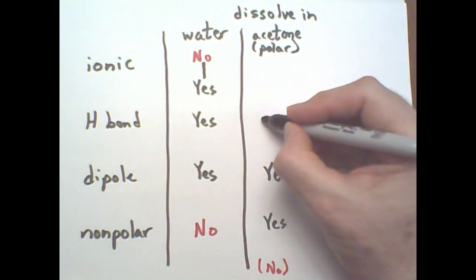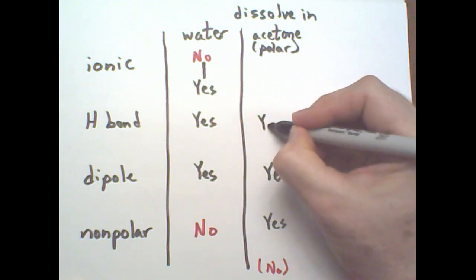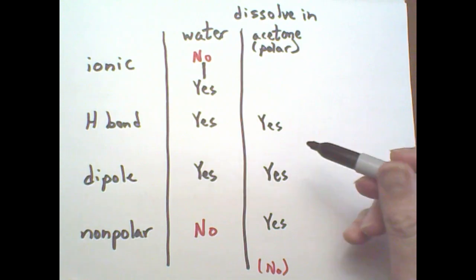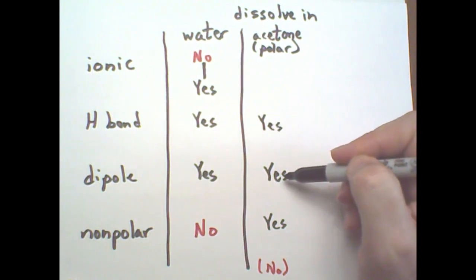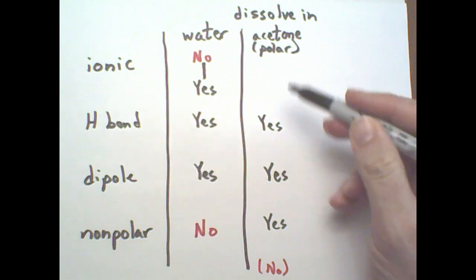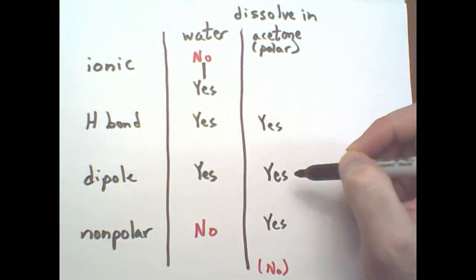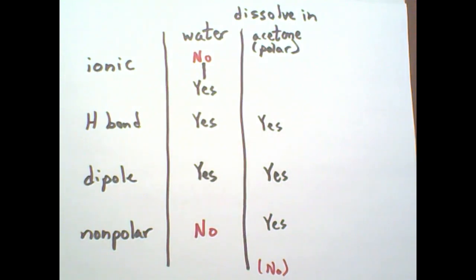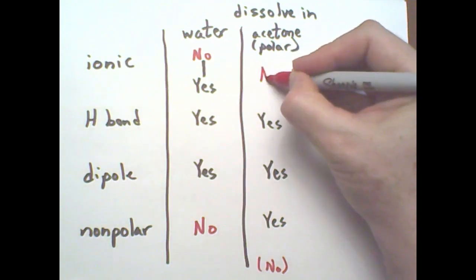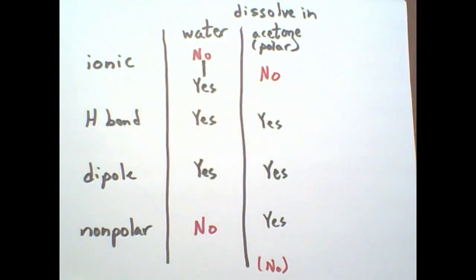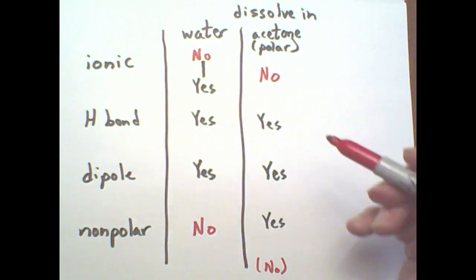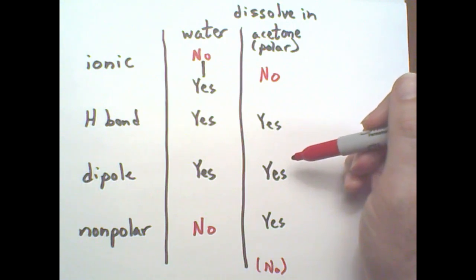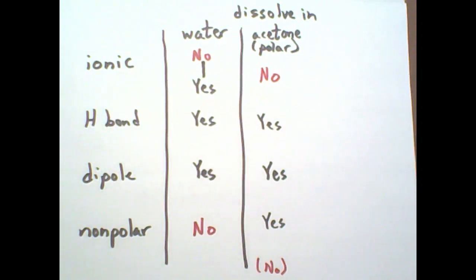Things that hydrogen bond have a similar enough strength of interaction with the dipole. They can actually donate hydrogen bonds and acetone will accept them. So yes, they'll dissolve, but ionic molecules, the ions attract each other too much and won't let the acetone in to separate them. So you can't dissolve salt in acetone.